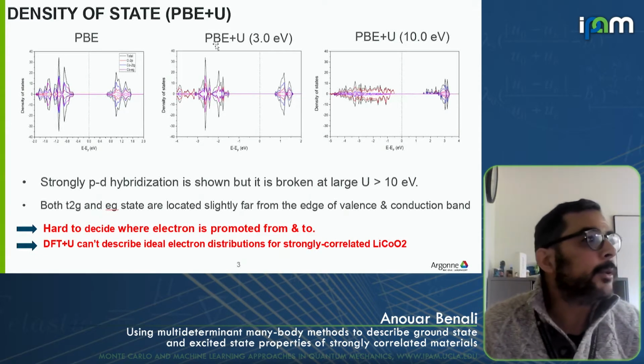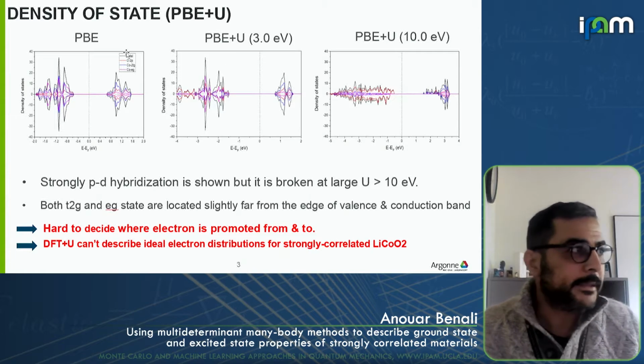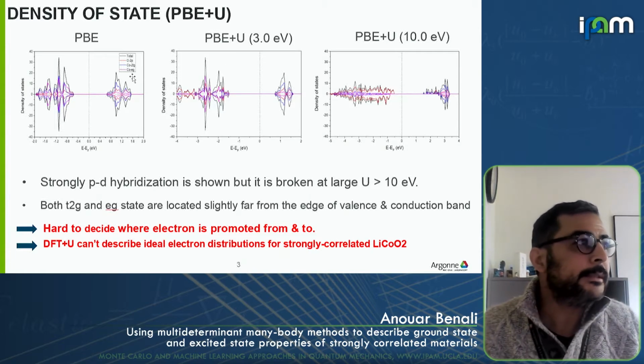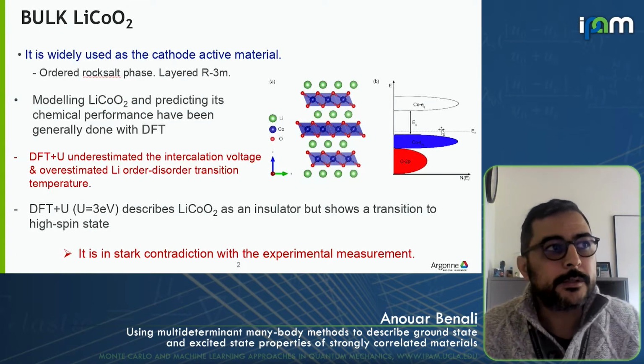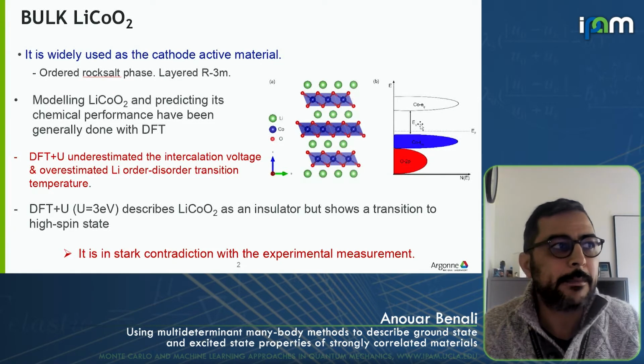Okay. So from the point of view of the projected density of states, we start looking at how the t2g states, basically where we are interested in the transition from the band gap, go to the cobalt eg states and the cobalt t2g, and this is where we expect the gap to be.